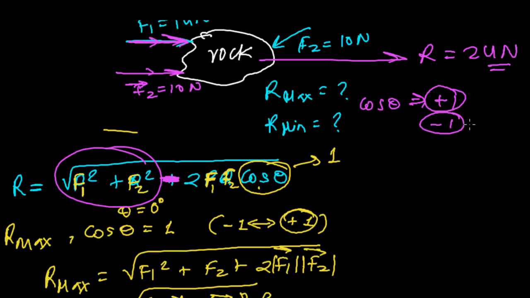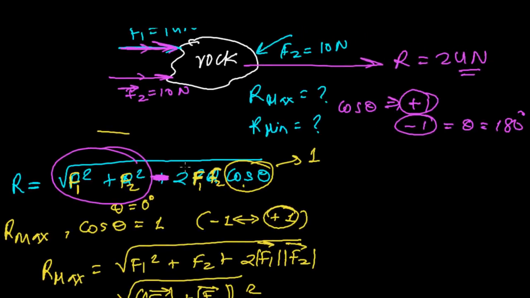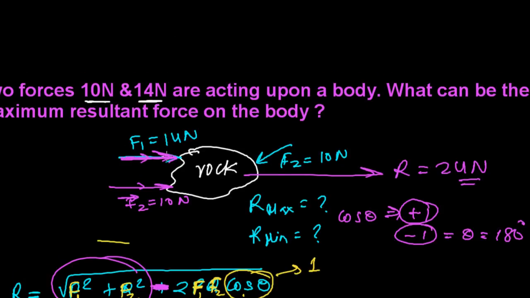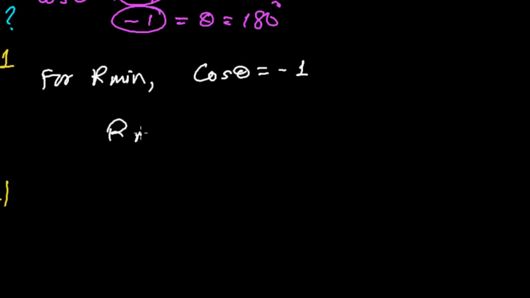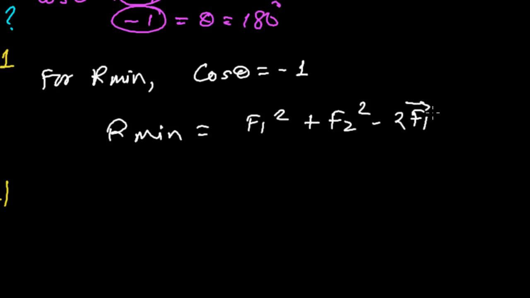The value of cosine of theta is -1 when theta equals 180 degrees. 180 degrees means opposite: F1 is acting in this direction and F2 is acting right opposite to it. So for our minimum, cosine of theta should be -1, and our minimum will be the square root of F1 square plus F2 square minus 2 times the magnitude of F1 times the magnitude of F2.